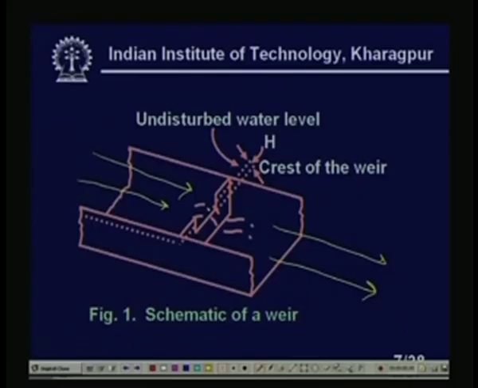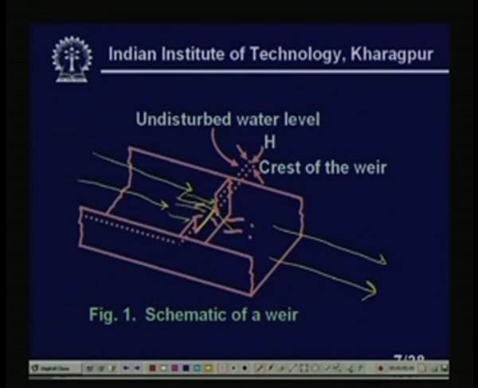Let us look very carefully. You see this is our crest of the weir. Liquid is coming here and falling down. Now, if I put a float on this side which can move only in the vertical direction, then if the flow velocity is high, this height will go up. Suppose the liquid is up to this level.